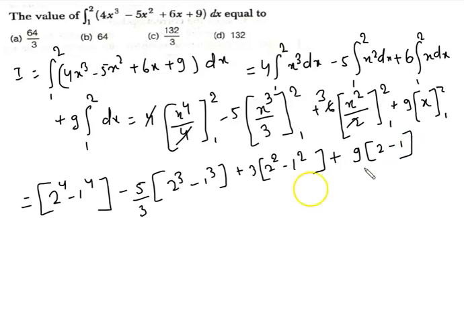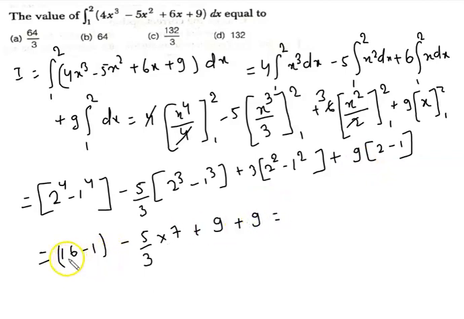Now we know that 2 to the power 4 is 16, so 16 minus 1 is 15, minus 5 by 3 times 8 minus 1, which is 7, plus 3 times 4 minus 1, and 3 threes are 9, plus 2 minus 1 into 9, which is 1 into 9, that is 9.